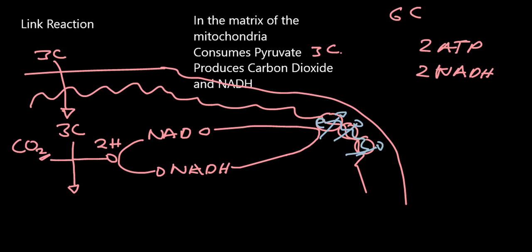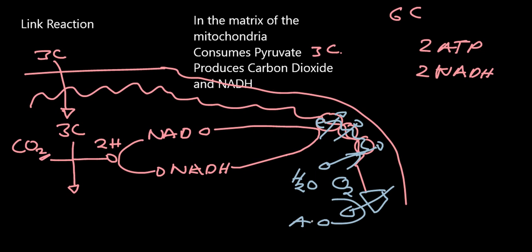At the end of the electron transport chain, oxygen is the final electron acceptor and accepts electrons and hydrogen ions to become water. And then the protons that have been pumped across the membrane flow out through our amazing enzyme ATP synthase, generating ATP.